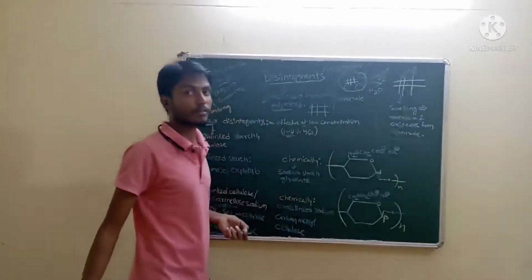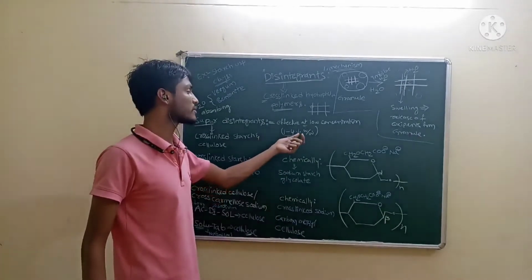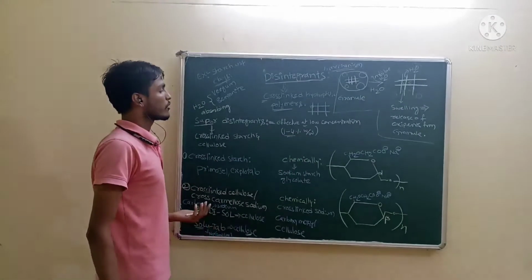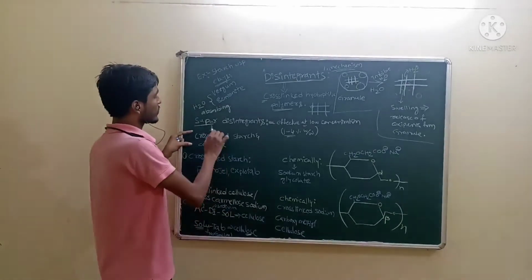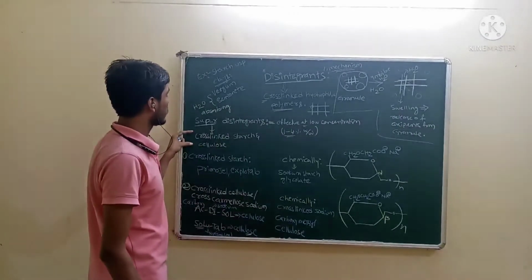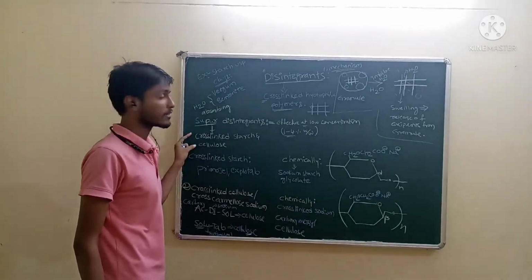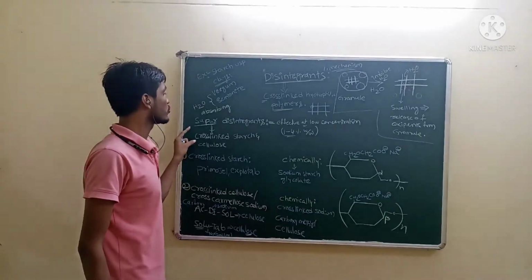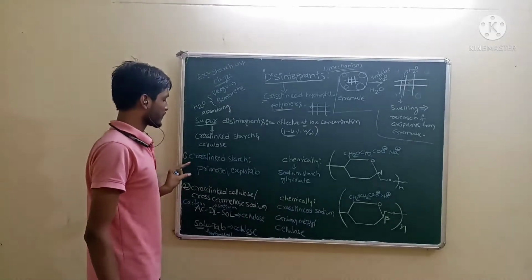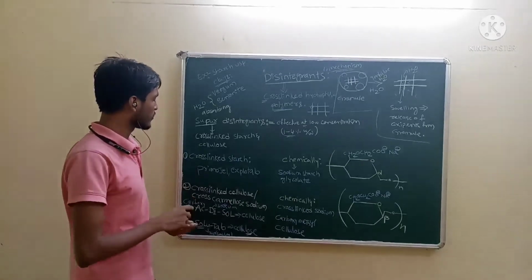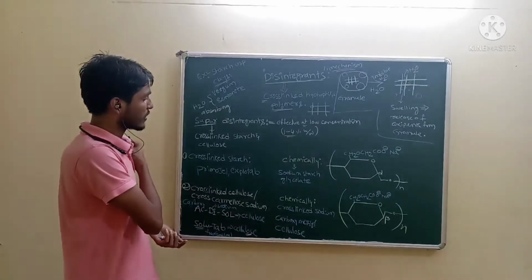Concentration is 1 to 4% weight by weight, which we can call a low concentration. So what are the super disintegrants? Cross-linked starch and cross-linked cellulose act as super disintegrants. Under the cross-linked starch, examples are Primogel and Explotab.